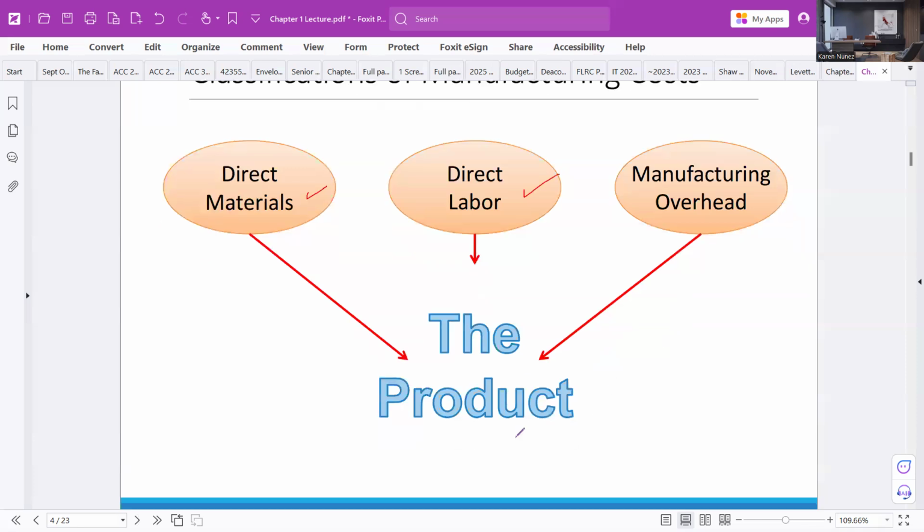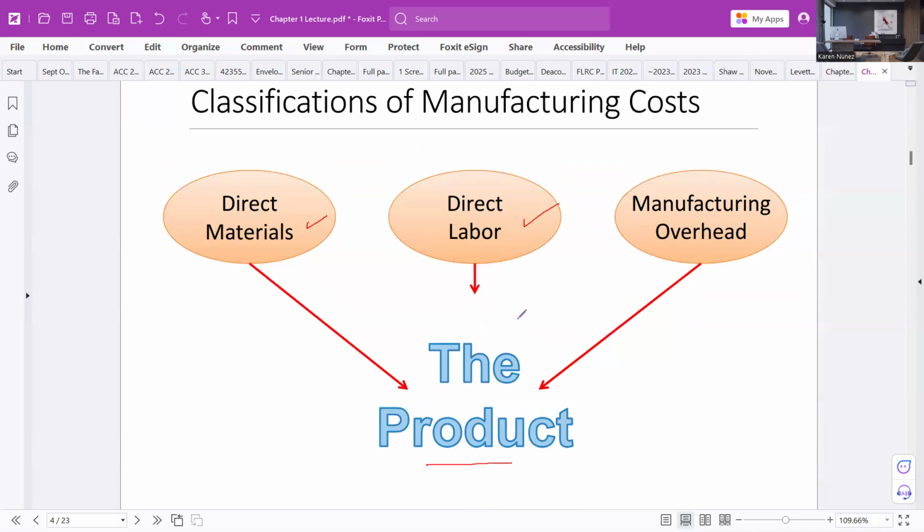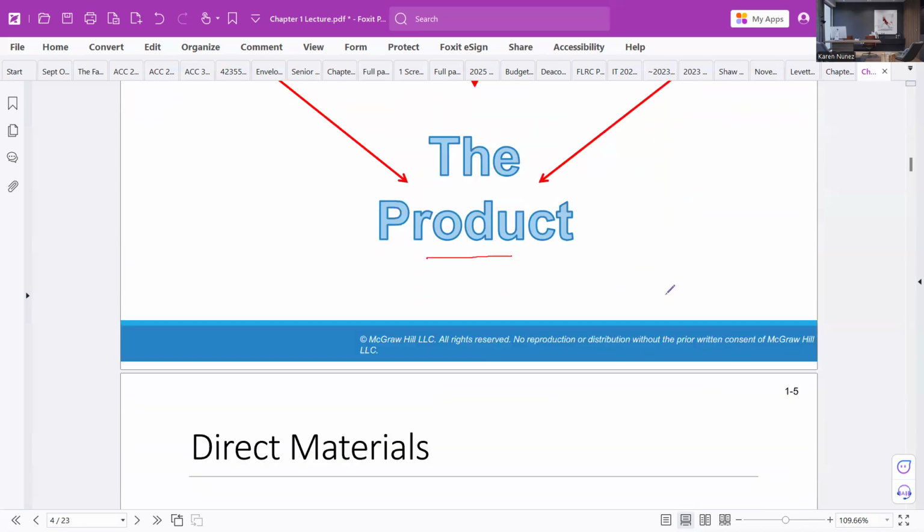So in general, all of our product costs are classified into these three categories: direct materials, direct labor, and manufacturing overhead. And the first two, direct materials and direct labor, are traceable to the product or the cost object. The manufacturing overhead is not traceable to the product, or we choose not to trace it.